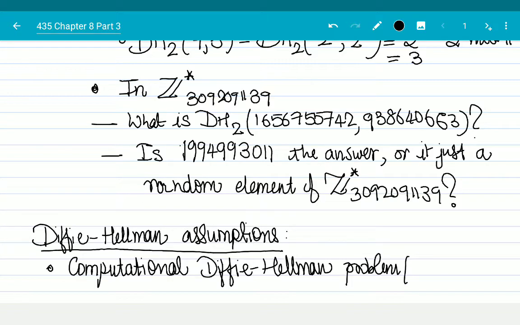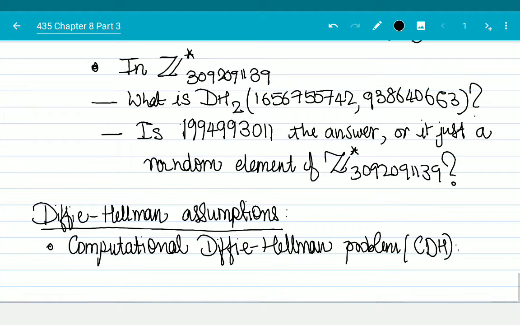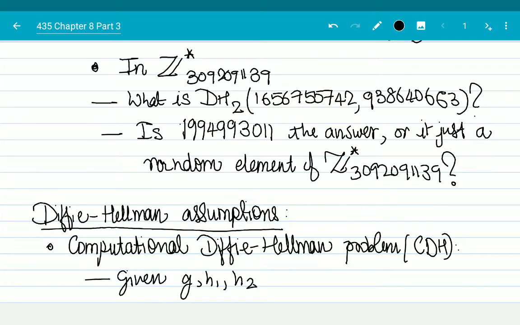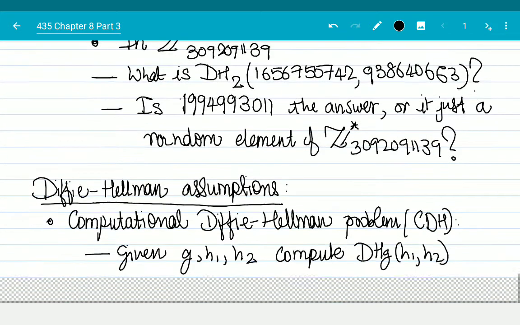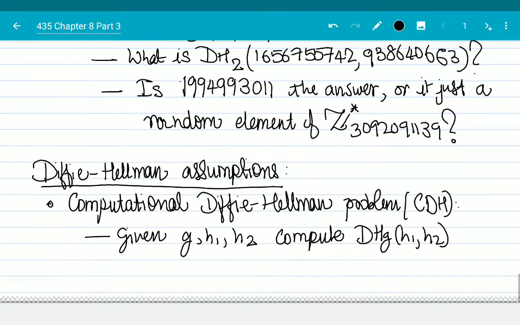I'm going to now just call Diffie-Hellman as DH. Okay? Given g, h1, h2, compute DH_g of (h1, h2). That's the computational Diffie-Hellman problem.